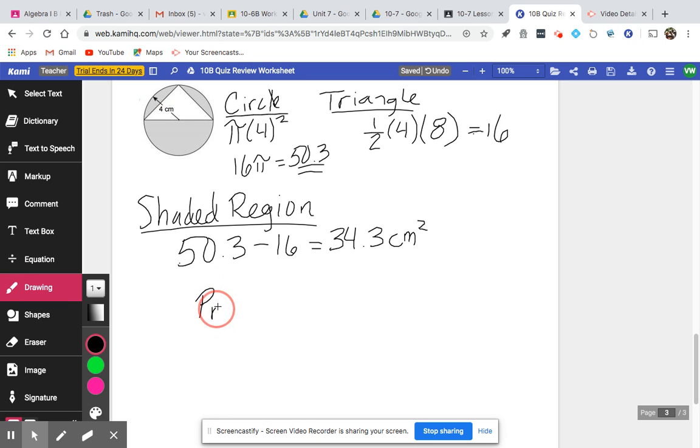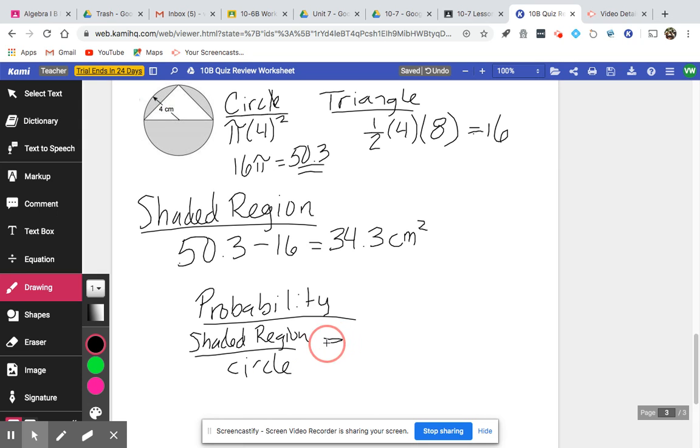Now we got to find the probability. Let me go ahead and label that probability. We need to put the area of the shaded region over the circle. The area of our shaded region is 34.3.